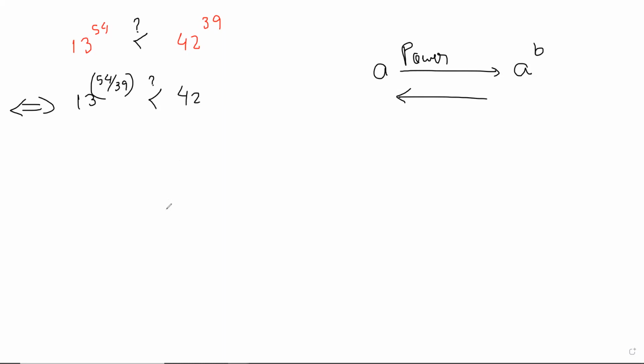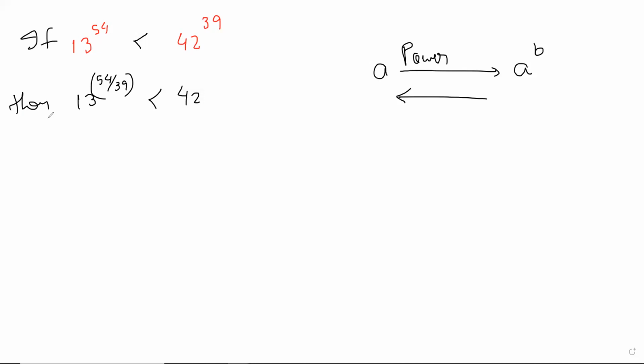Does everybody agree with this? That these two questions are the same? Like if the first is true, then the second is true. Maybe I'll write like this for a minute. Right, then you can get the first one.